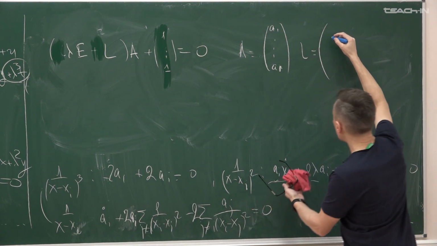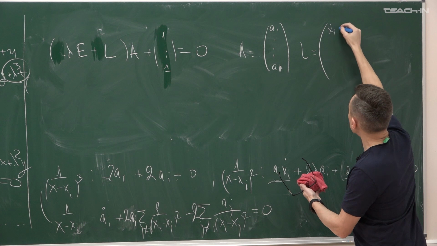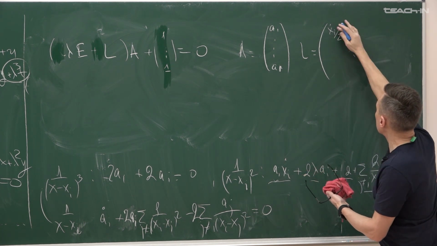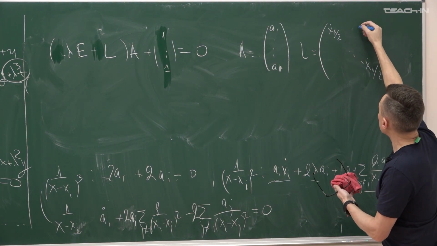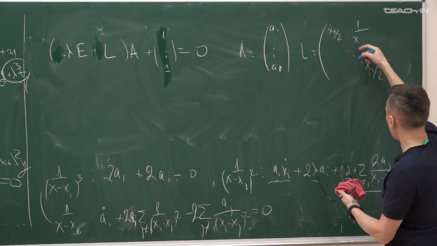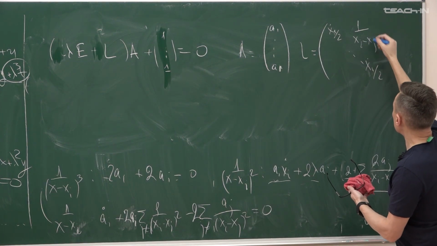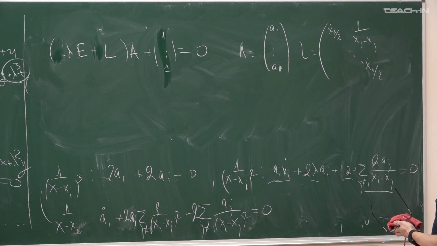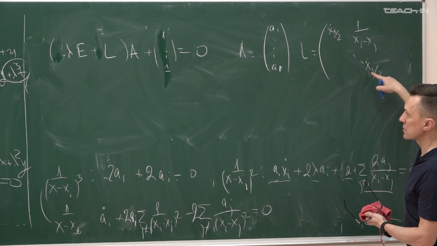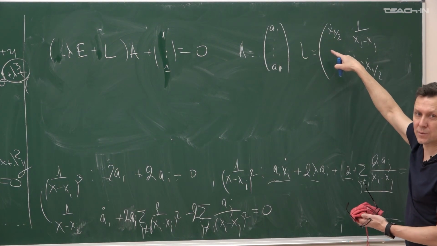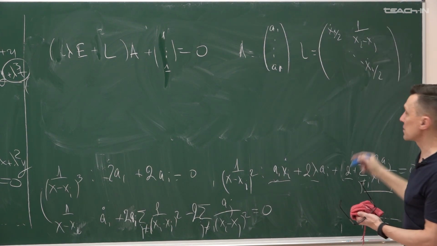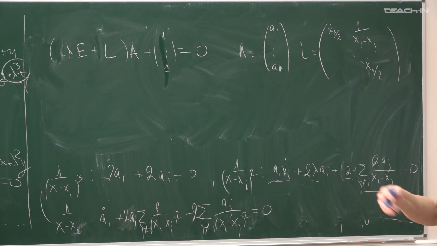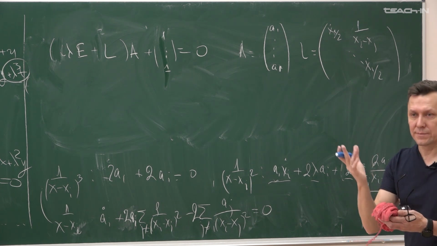It is x1 dot over 2, ..., xn dot over 2, and the off-diagonal terms are like this. So the difference with my definition of the Lax representation of the Calogero-Moser system is in this factor 2, but let us change the scale of the time y.